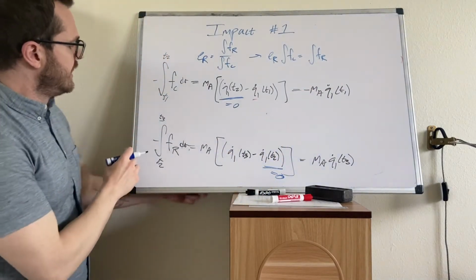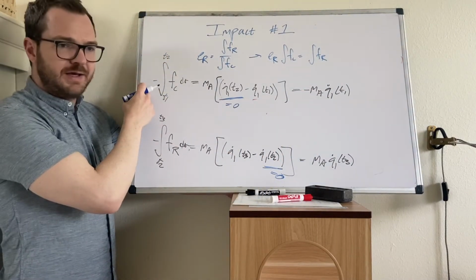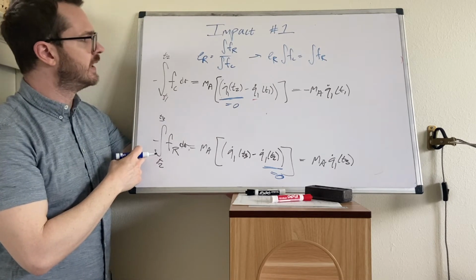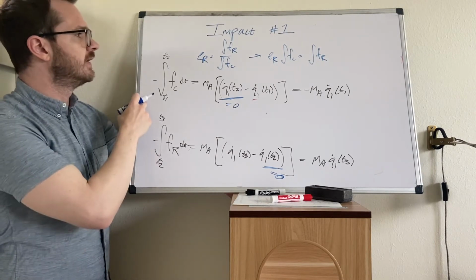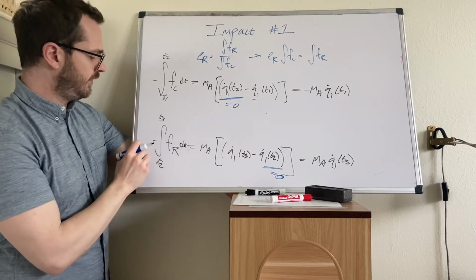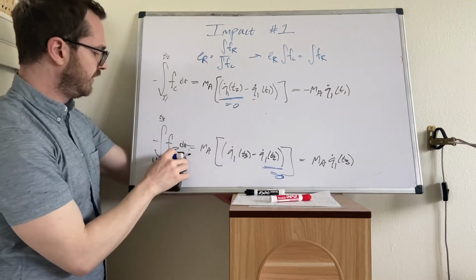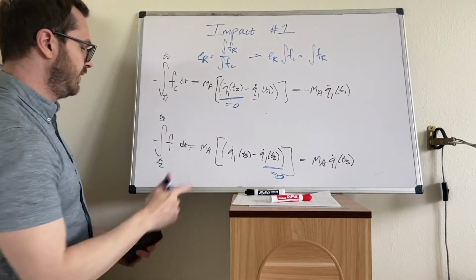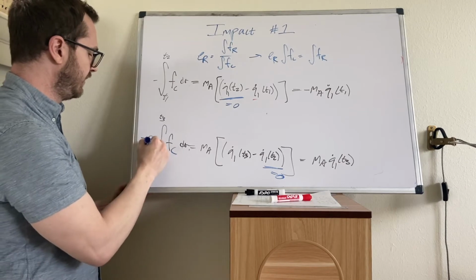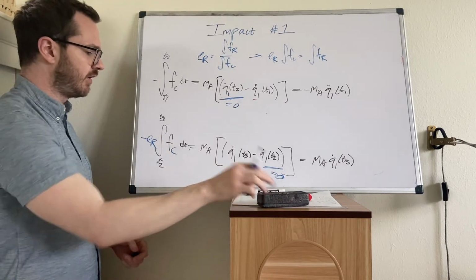All right, I have integral of fc on top, I have integral of fr on bottom. If I replace, let's say I replace on bottom fr with fc, so let's replace the r with a c, and let's put negative er in front.